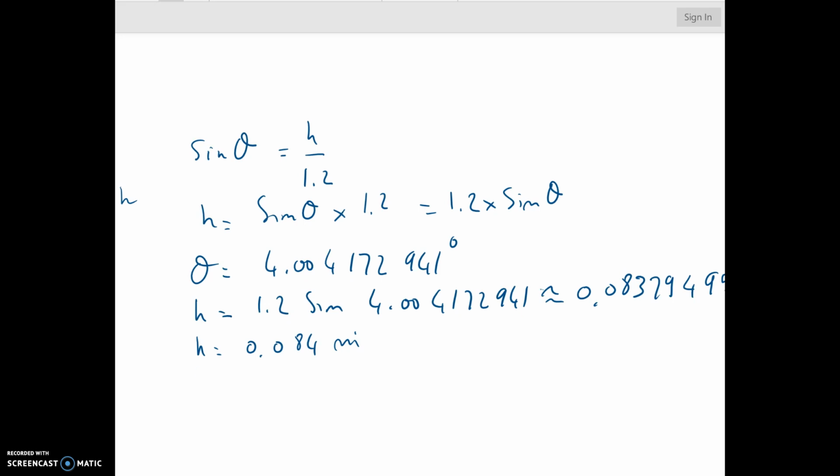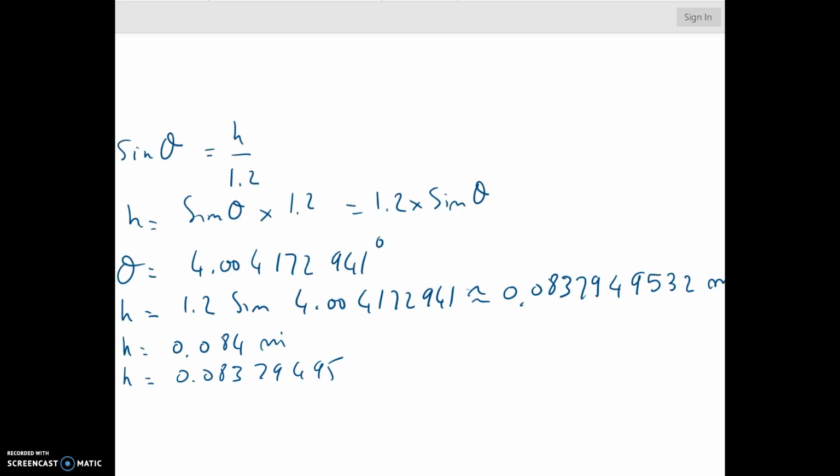If you want to find that in feet, you're going to have 0.0837949532 multiplied by 5,280, and that will give you 442.437 feet.